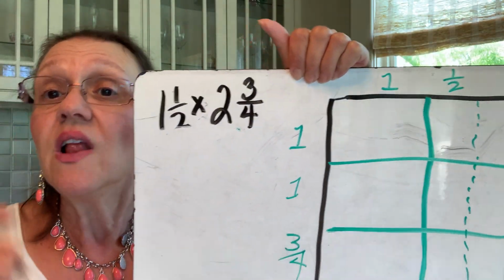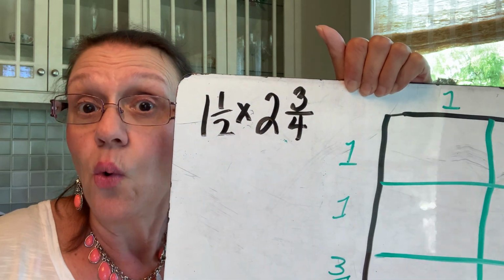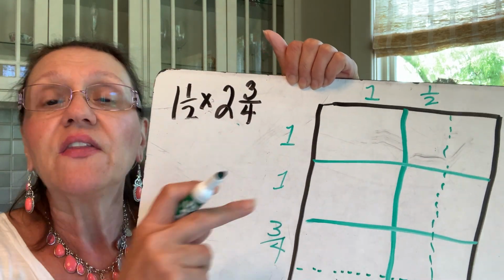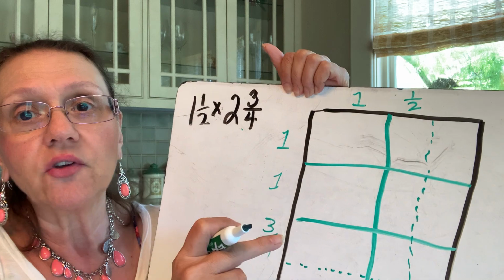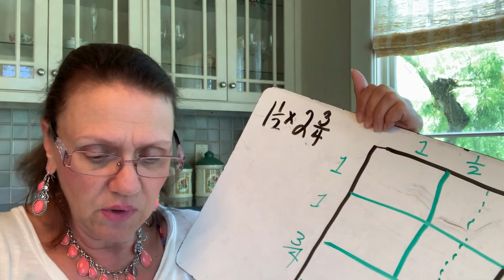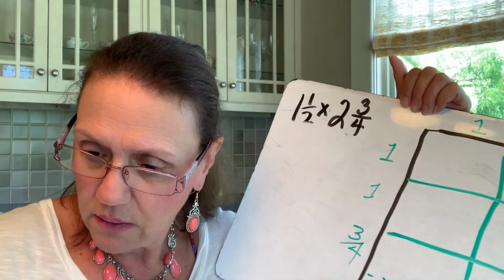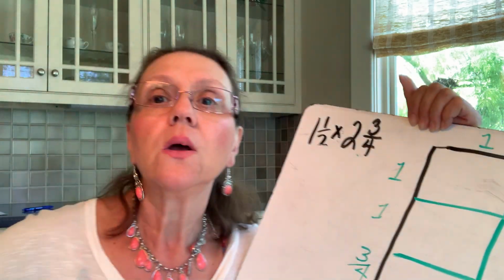Now, just like we did when we were multiplying with whole numbers, we multiply to get the area of each little part.